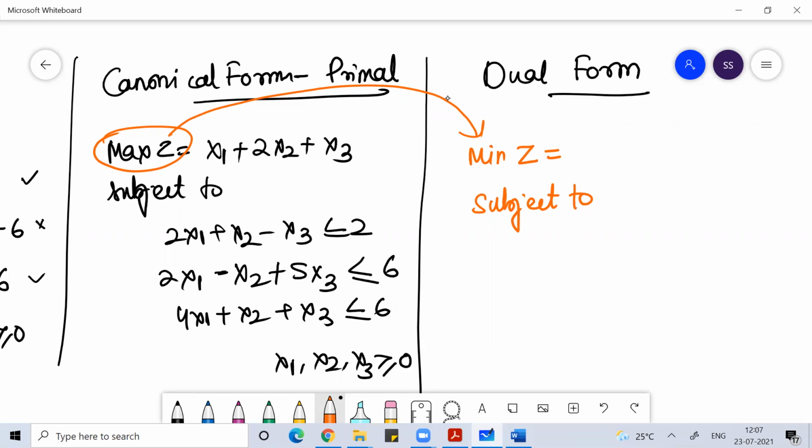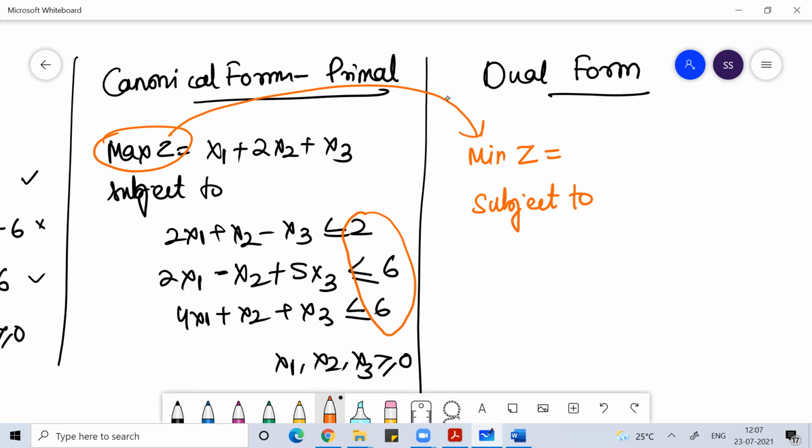Depending upon the number of constraints you have, you introduce that many dual variables. I have three constraints, so I introduce three dual variables. The variable name doesn't matter; these are the decision variables for the dual form.